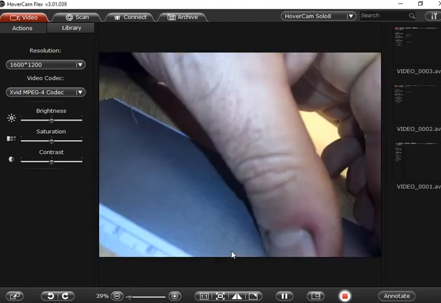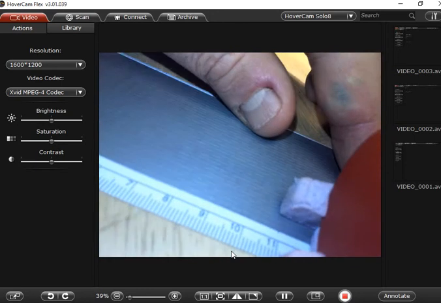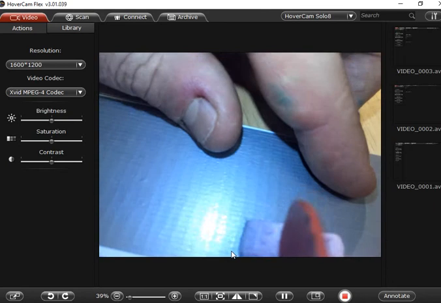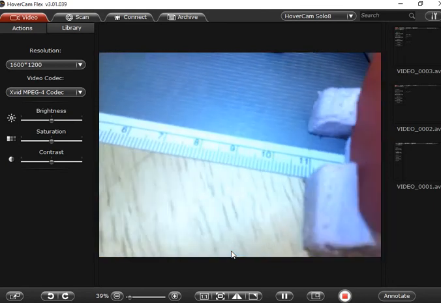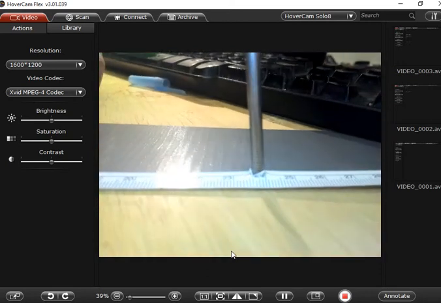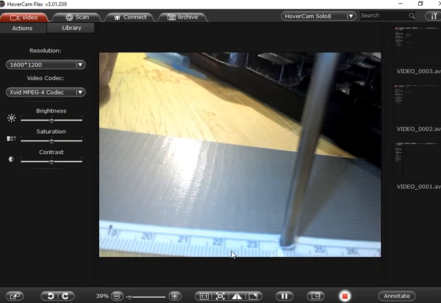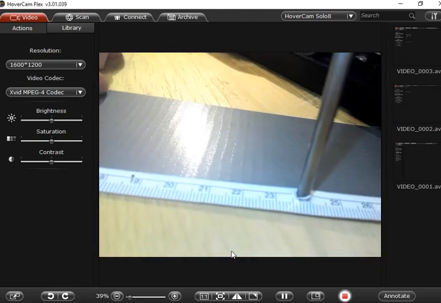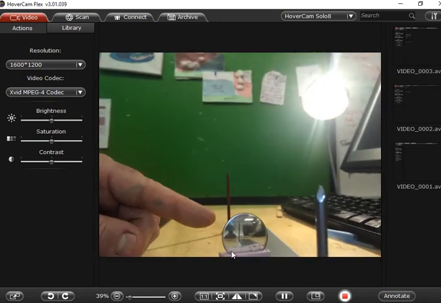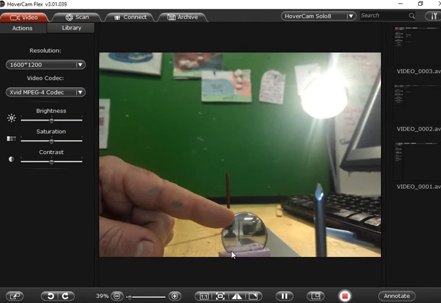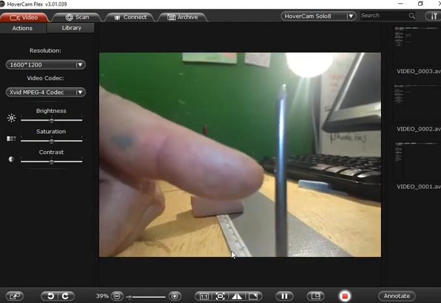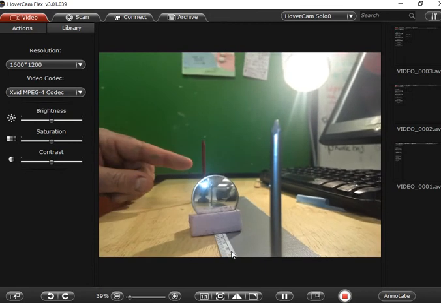I can see that the 12 is right at the back edge of the mirror. Almost got it there, I got it. Okay, and then we have the silver nail, and it is at the 24 centimeter mark. So when I look in the mirror, I see the image of the silver nail that's up here, and then I see the red nail behind the mirror.